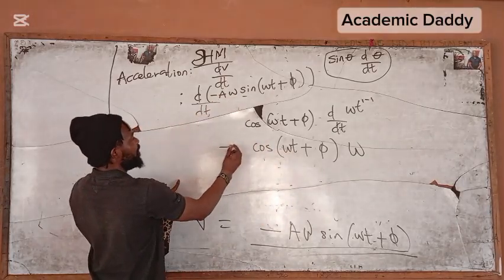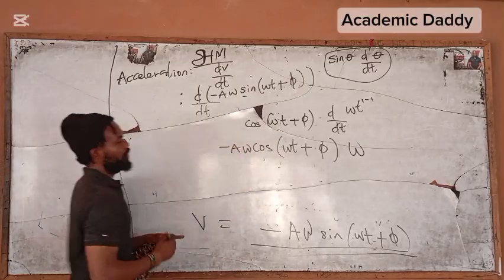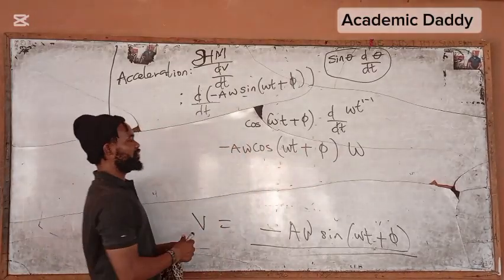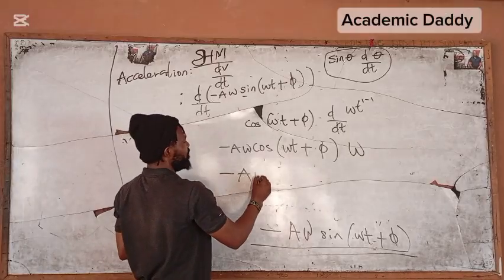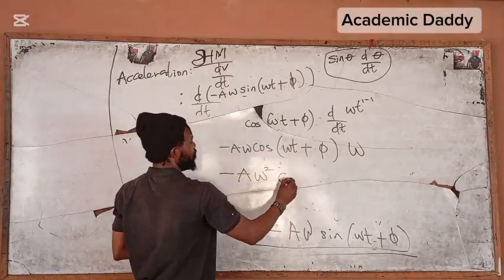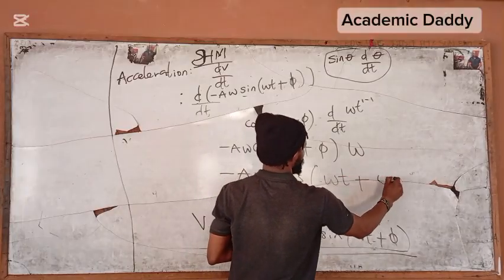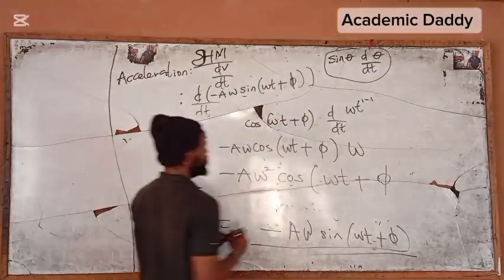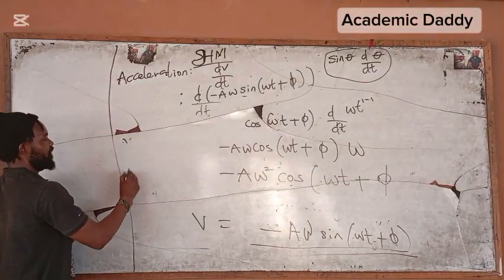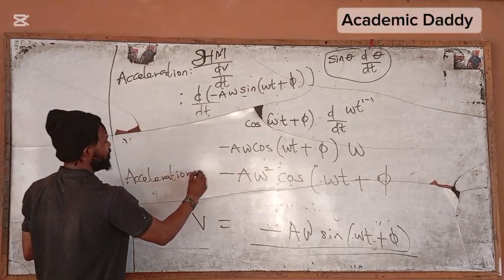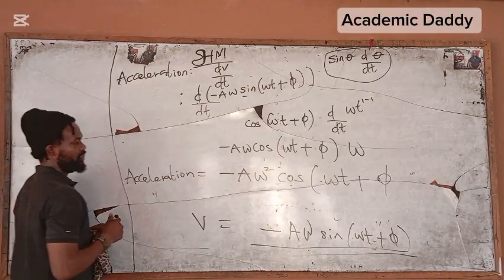I bring it down, minus A W. Now when you multiply what you have here, you have minus A W squared cos(Wt plus phase angle), and that is your acceleration.